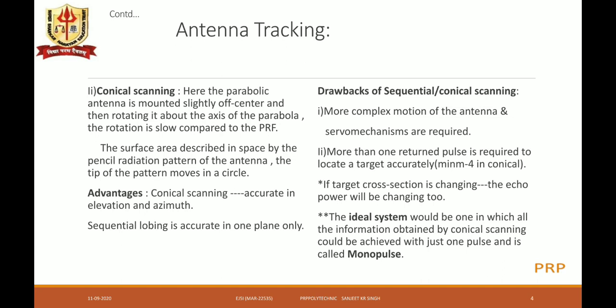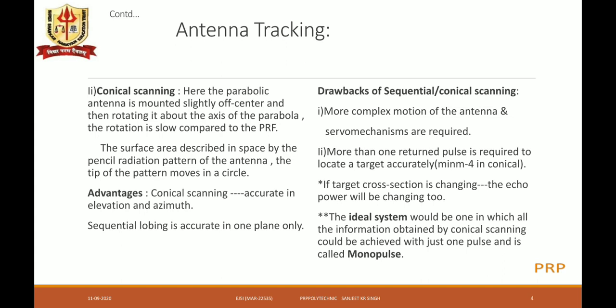tracking methods. Particularly if the target cross section is changing, for example the target is moving, or a different part of the target is exposed to the incoming pulses from the radar set, then the echo power will change too.